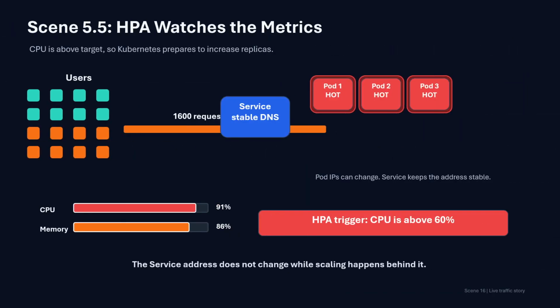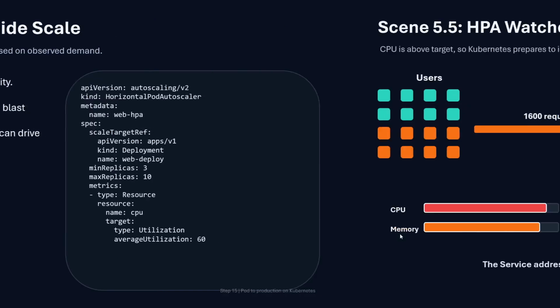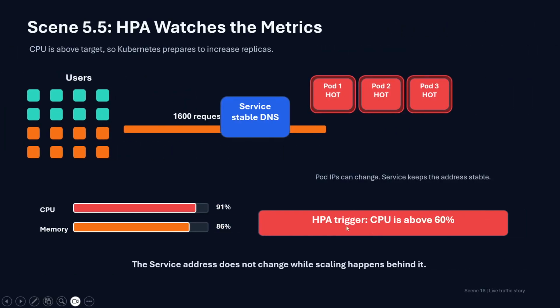Now just look here in the next slide. Now my same 1600 requests are going to the service, which is sending the requests. Now just imagine 91%, 86% utilization. HPA triggers because CPU is above 60%, because my threshold given here is 60%, right? Hence HPA triggers because CPU is above 60%.